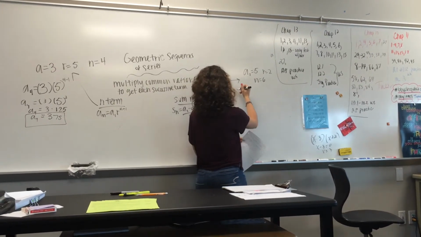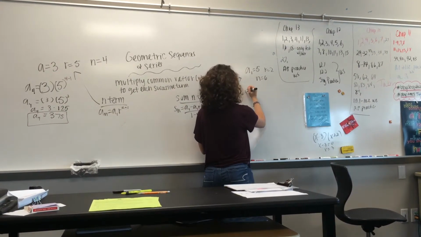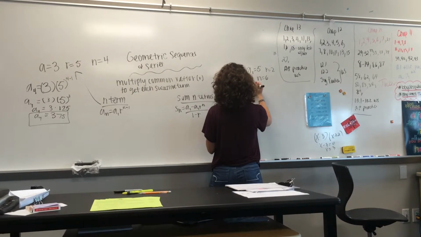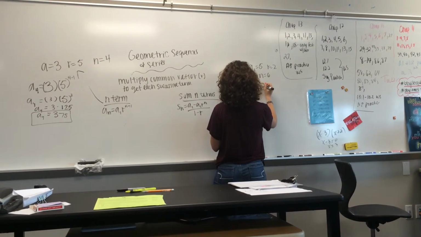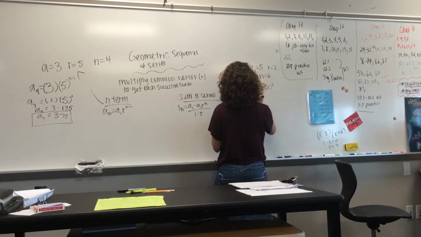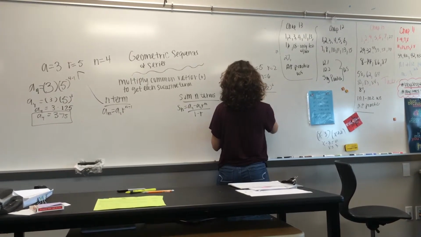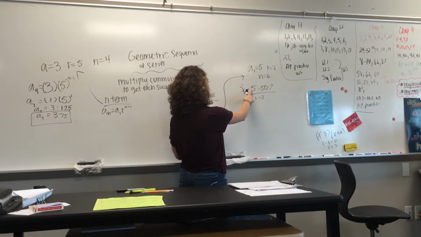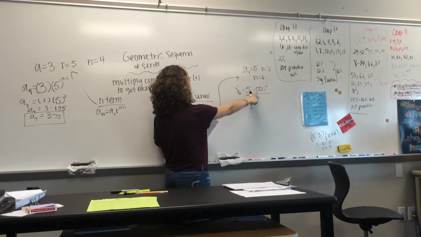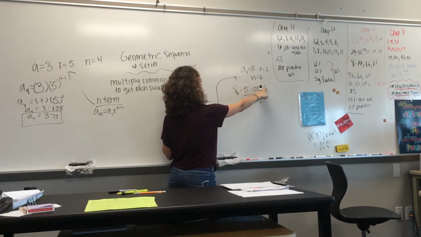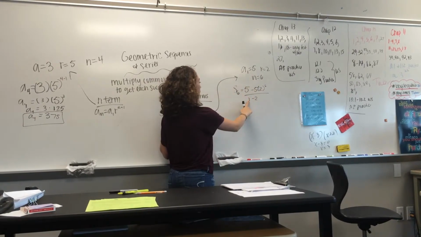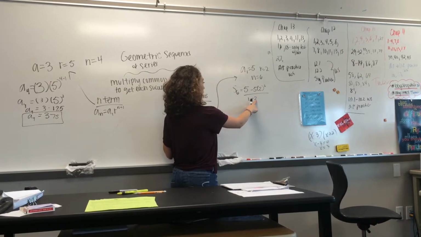So we'll plug those into the formula. So we have the first term minus the first term times the common ratio raised to the 6th power, because that's the number of terms we have, and then 1 minus 2, 2 is the common ratio.